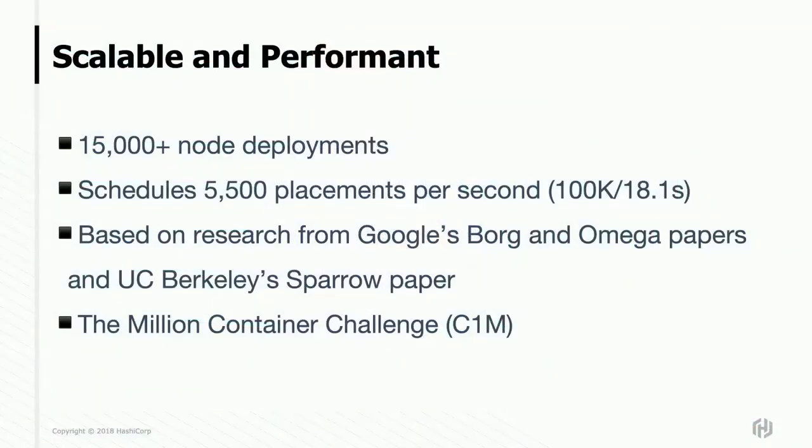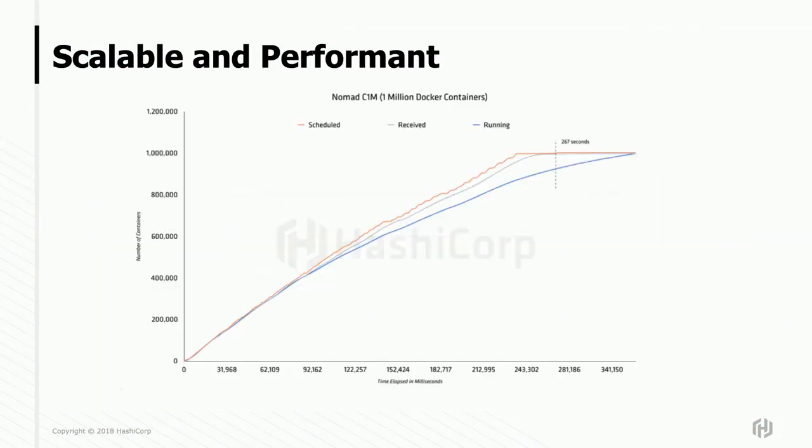And so we took it upon ourselves to do what we called the 1 million container challenge. How fast can we schedule 1 million containers if we threw them all at Nomad? Here's a graph of those results. What really excites me about this graph is the shape of it. On the y-axis you have the number of containers, and the x-axis is time.